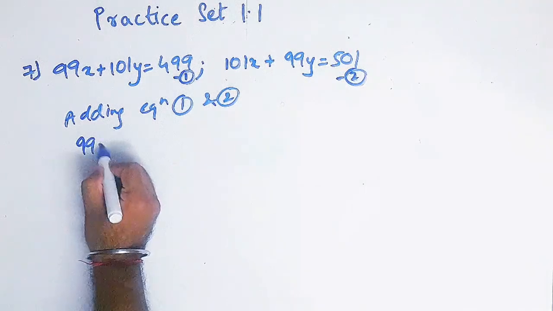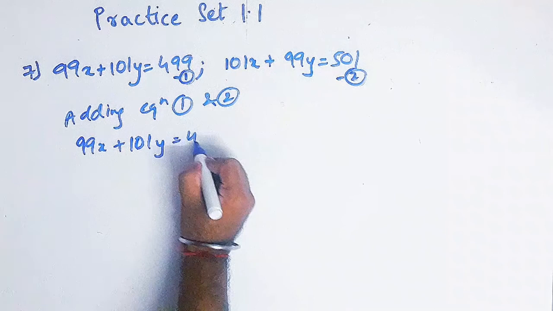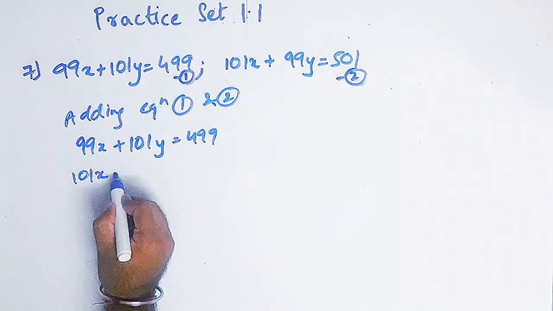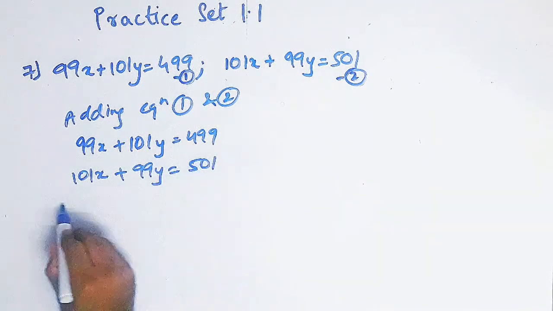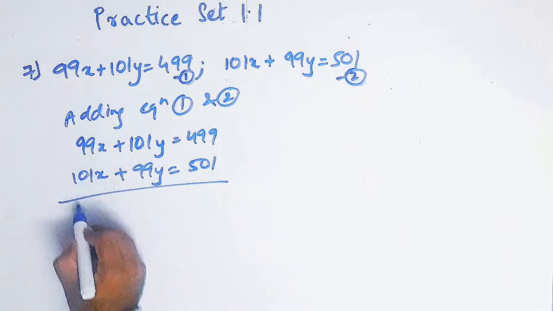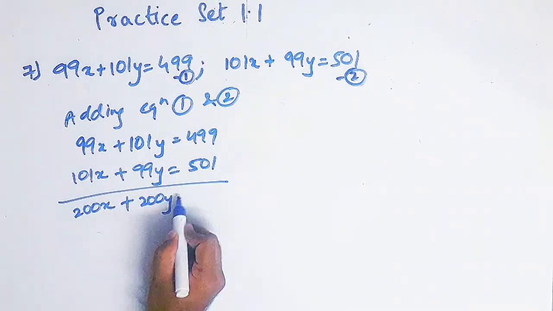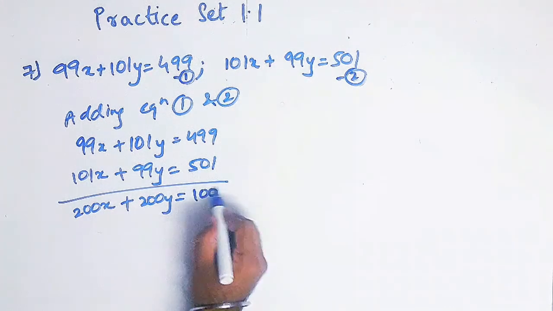So if I add them, 99x plus 101y equals 499, and 101x plus 99y equals 501. If you add them, this will become 200x plus 200y equals, what is this? 1000?